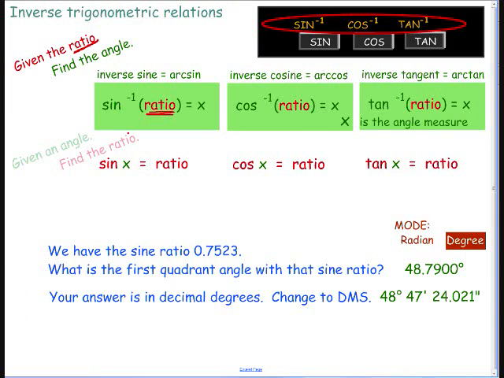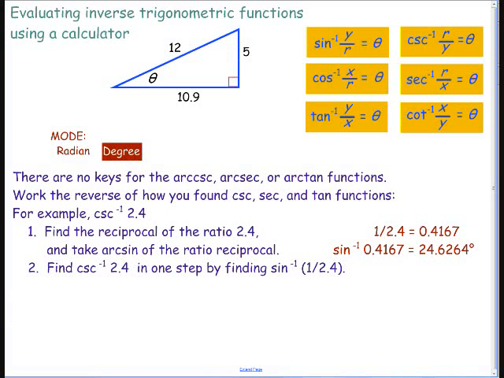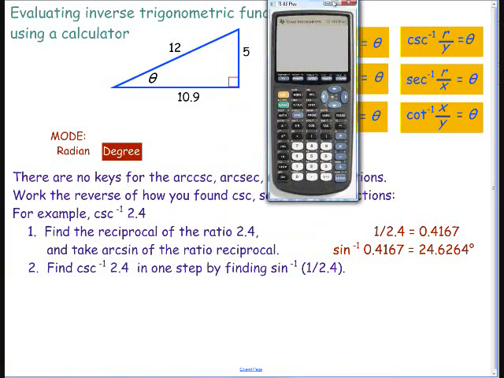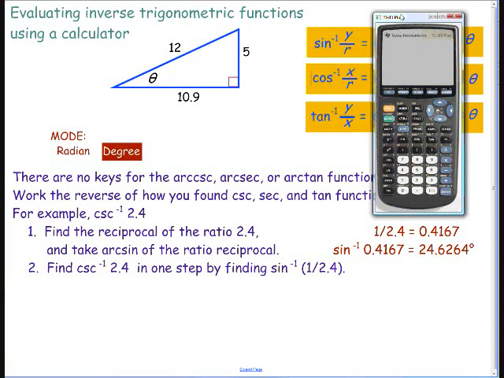See if I can get us back there. Okay, so take the reciprocal of the ratio 2.4. Let's do it together here. So we know that we're talking about a ratio. We want to find, the cosecant is 2.4.